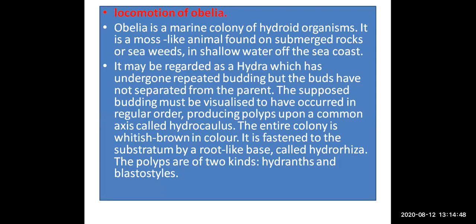It may be regarded as a hydra which has undergone repeated budding, but the buds have not separated from the parent. The buds are arranged in regular order, producing polyps upon a common axis called the hydrocaulus.